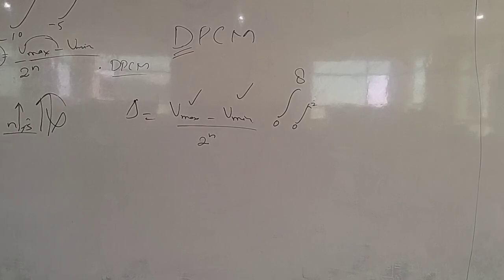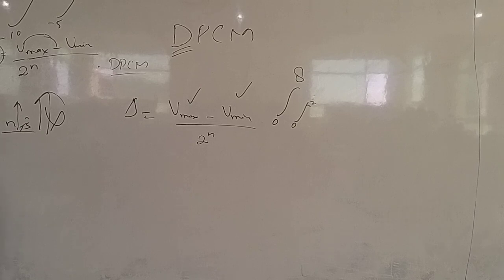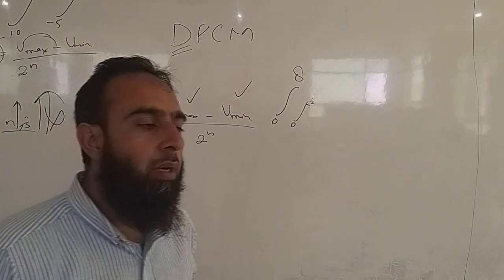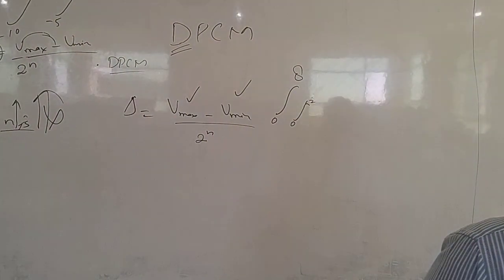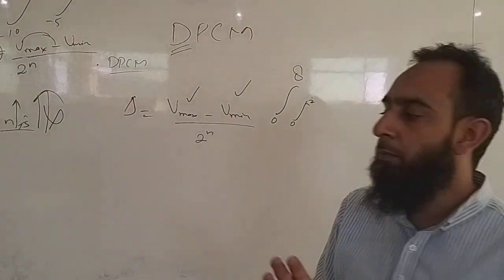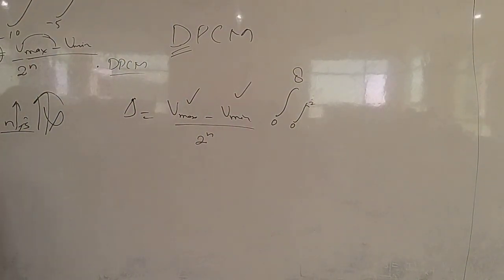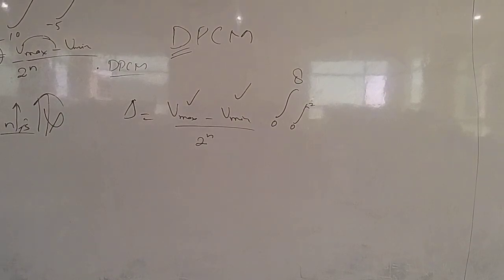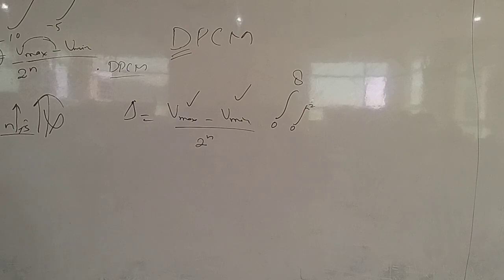In Dpcm, by decreasing the dynamic range of the signal to be quantized, मतलब वो वाला सिग्नल जिसको हमें क्वांटाइज करना है उसकी अगर हमने डायनेमिक रेंज डिक्रीज कर दी, comma, step size decreases, and as a result quantization error decreases.